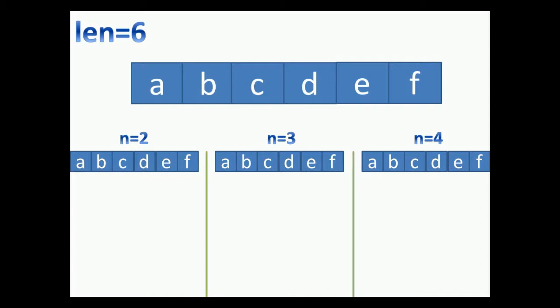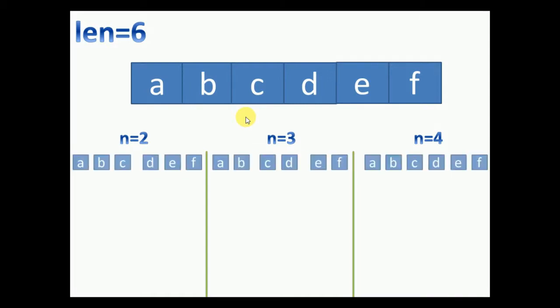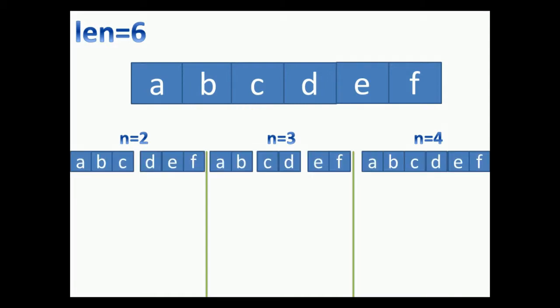Let's see how we can check whether this string is divisible by these numbers or not. For that we need to use the mod concept. Before splitting our string, we need to check our mod condition. We have to check our length mod our number.